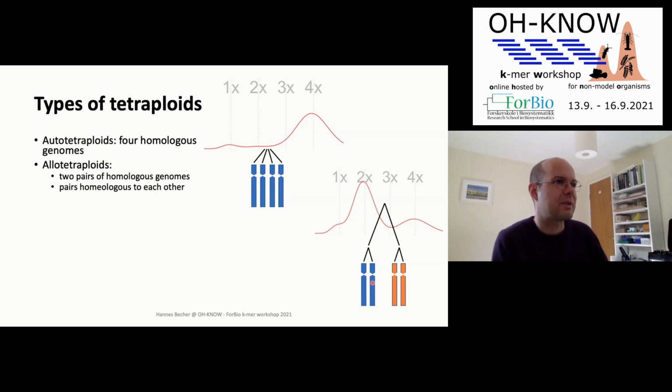These 2 different types of tetraploids produce different kinds of K-mer spectra. If you have looked at a lot of auto-tetraploid K-mer spectra, you will notice they often have a prominent 4x peak and 1x peak, or I should probably have called them 1n and 4n peaks. Whereas if you look at allo-tetraploids, and I reckon the vast majority of tetraploids that people look at are probably allo-tetraploids, you get this prominent 2x peak.